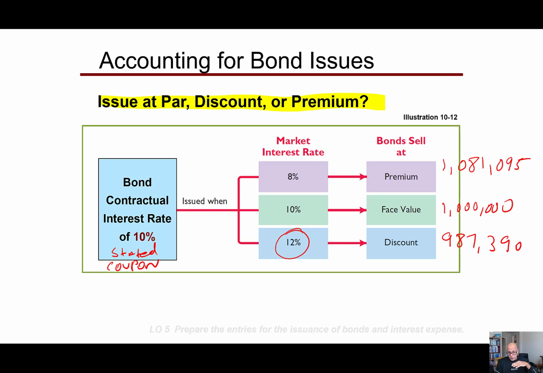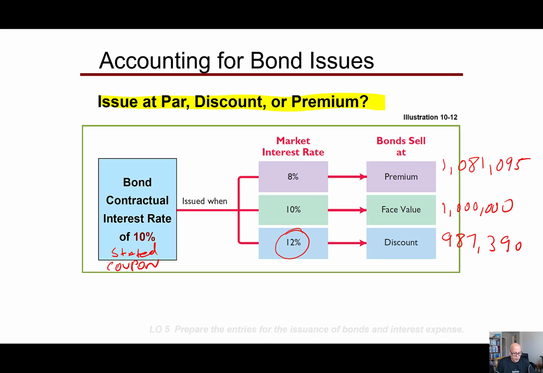If the contractual stated coupon rate of the bond is more than the market rate, so the bond is paying 10, the market's only asking 8, then the bond issues at more than face, for a premium. Okay, good. That's a good review of that.